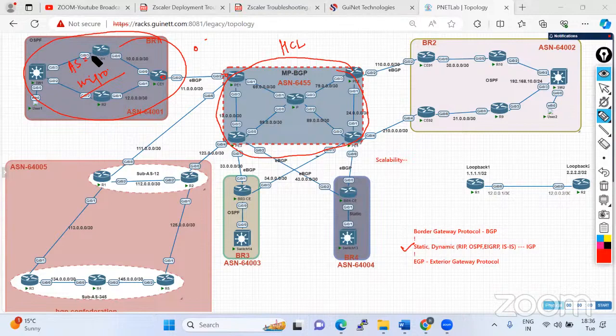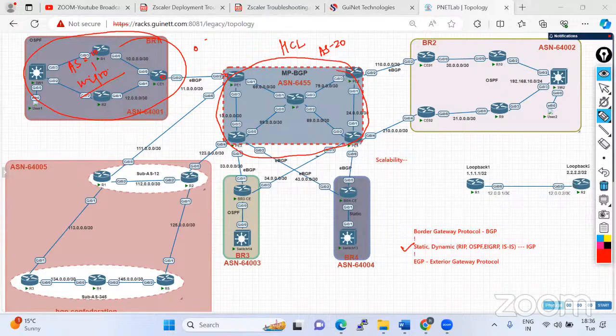I can say 10 belongs to Wipro, autonomous system 20 belongs to HCL. So an autonomous system belongs to one organization.